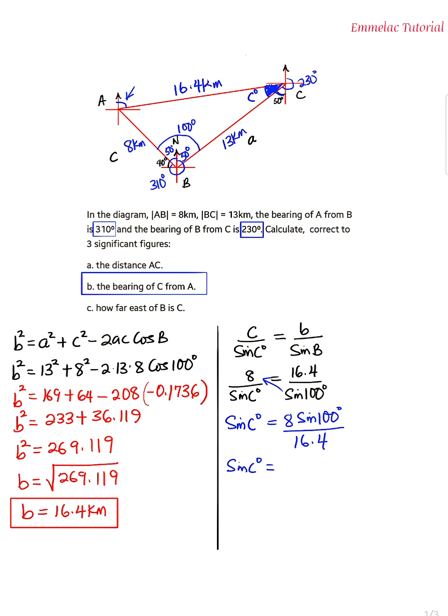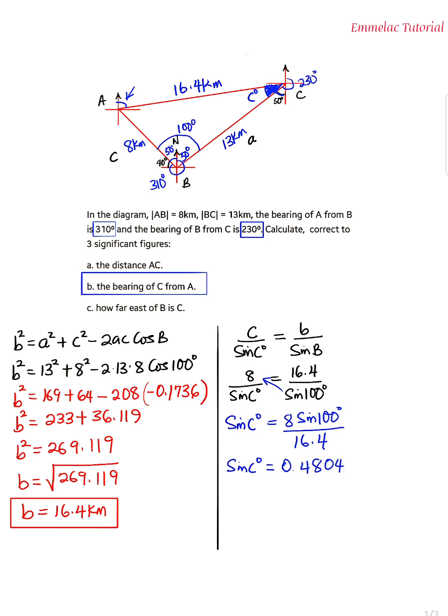Then we have here that sine C degrees, now 8 times sine 100. By my calculator, if we evaluate this, I have 0.4804.